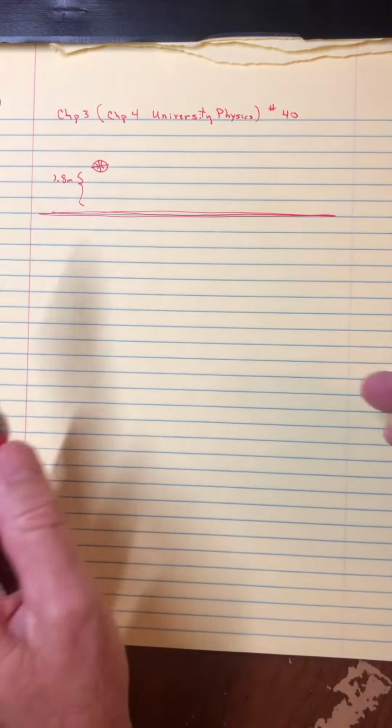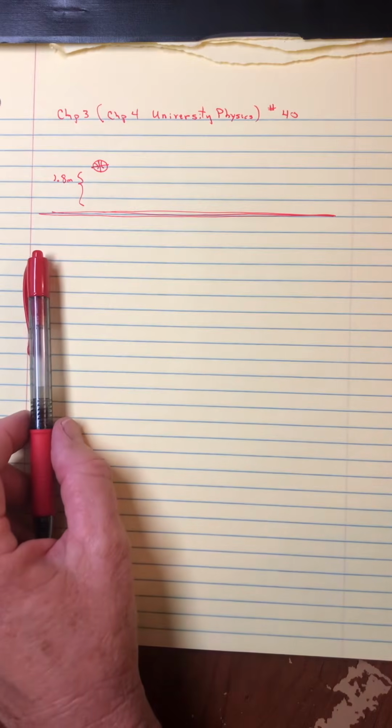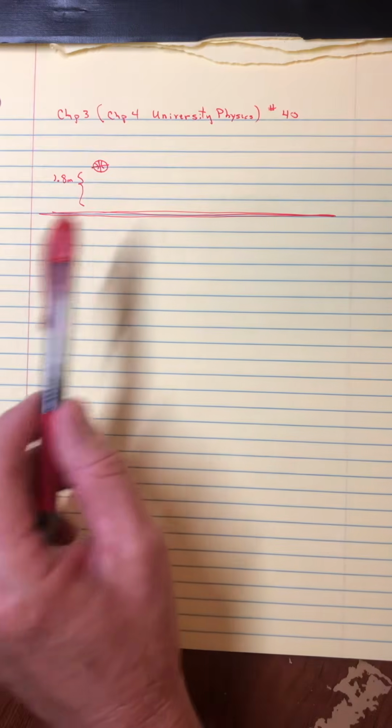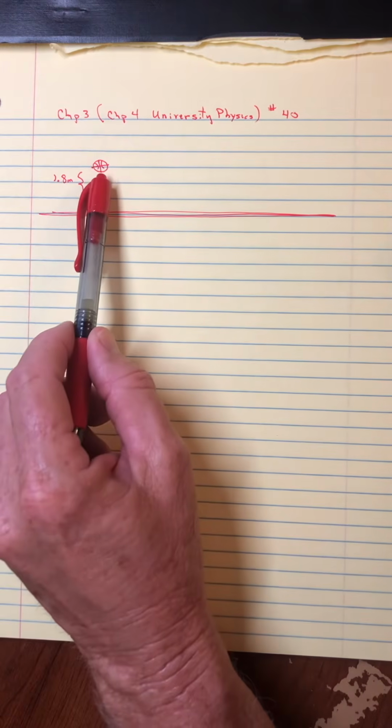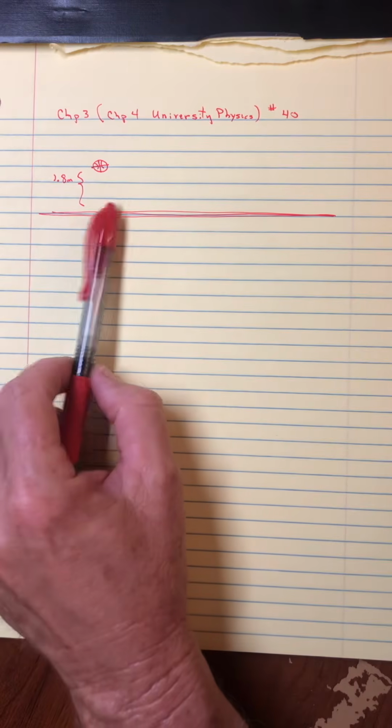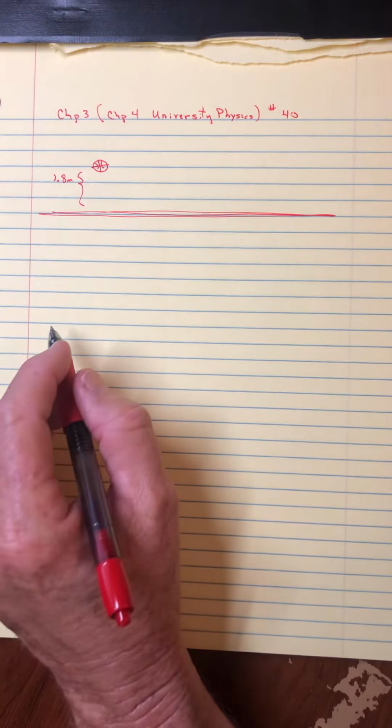Now, this alone brings up an important question: do you want to pick the origin to be where the basketball is released, or do you want to pick it from the floor? I'll let you think about that for a moment.